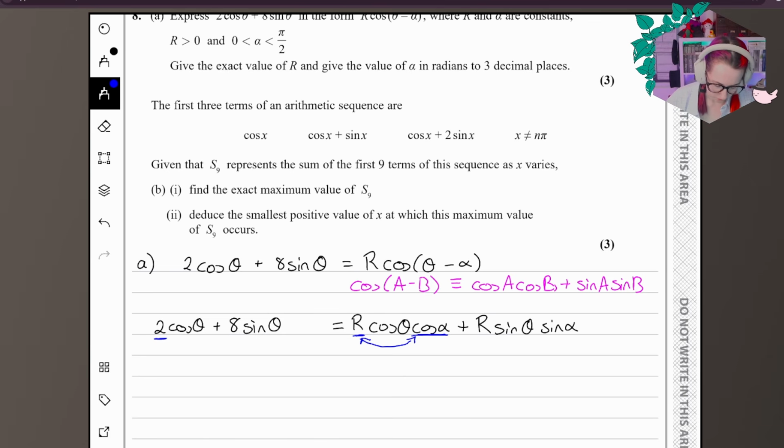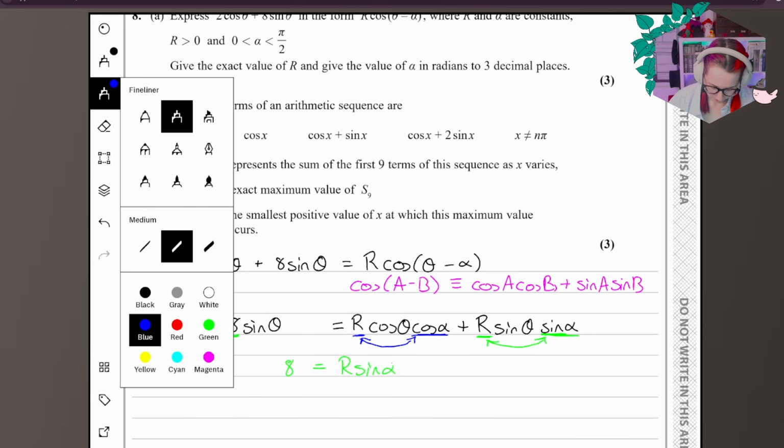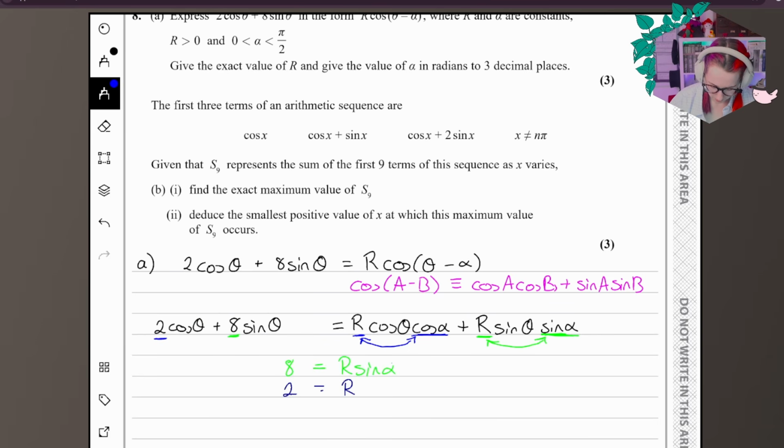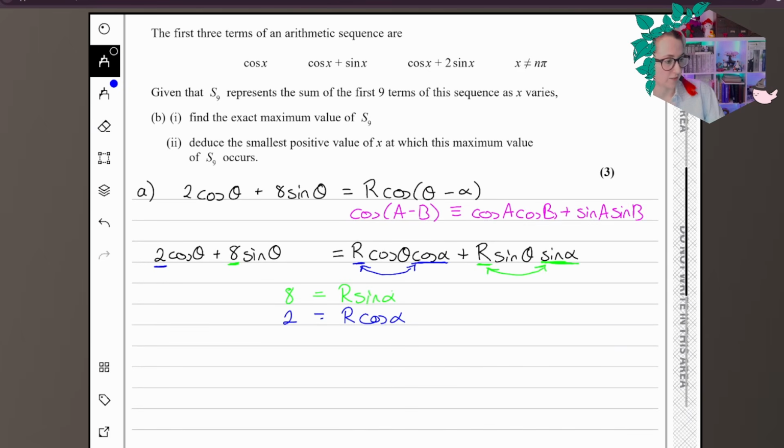Similarly, we've got an 8 here, and that's going to match up with r sine alpha. So we have 8 equals r sine alpha, and 2 equals r cos alpha. That's just by comparing coefficients. That's the technical maths term for it.